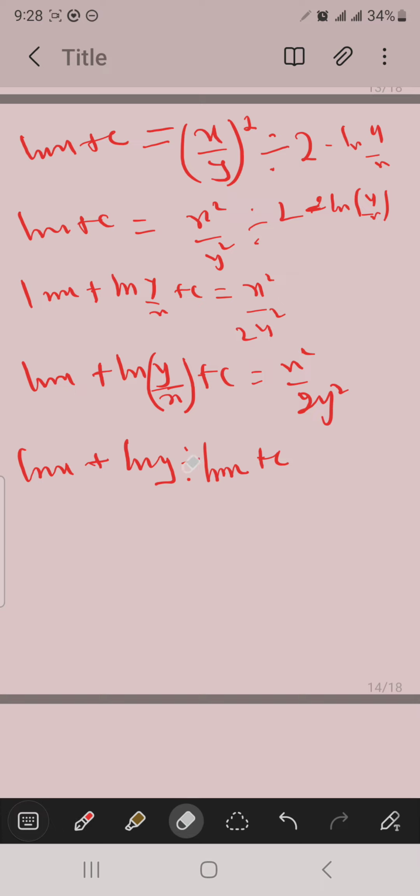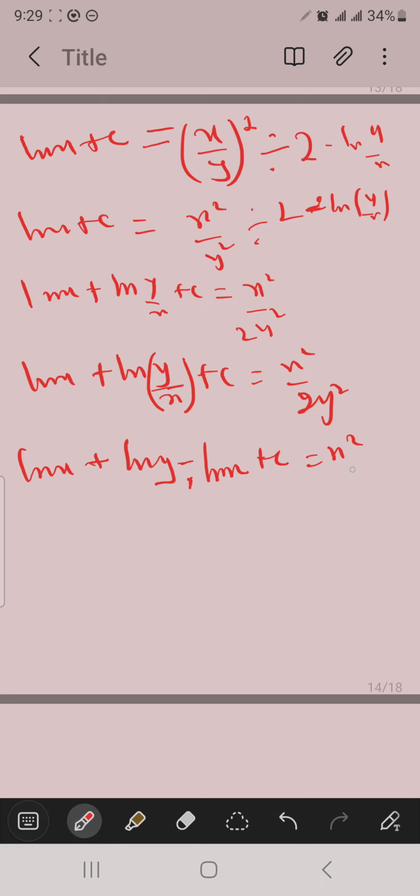You know, in logs we use division. We use plus and minus. I don't want to use log, I want to use ln. Over is going to be minus. So ln x plus ln y, minus ln x, plus c equals x squared over 2y squared.